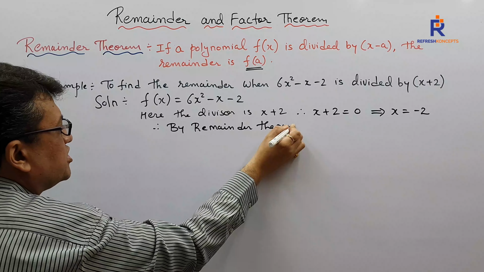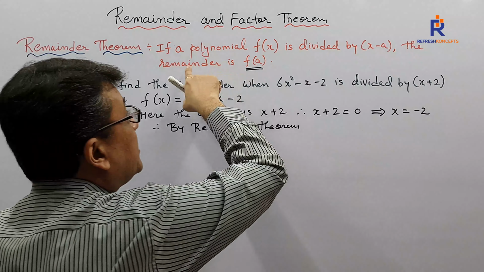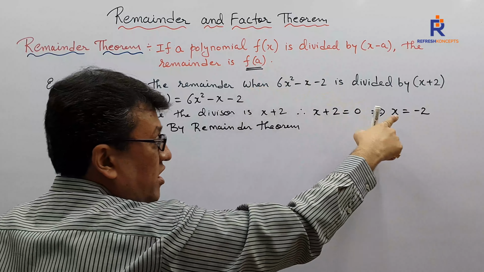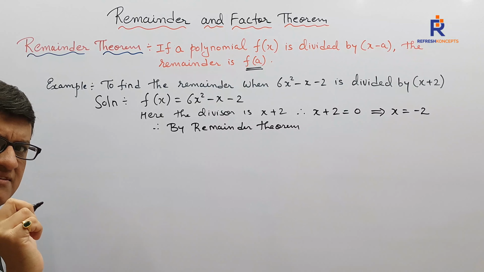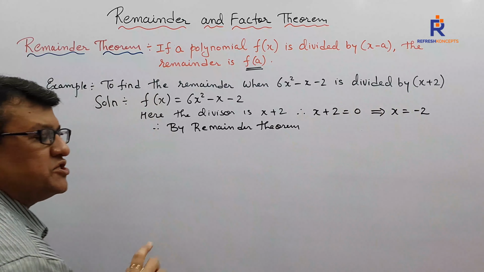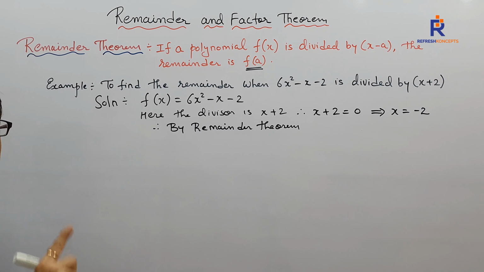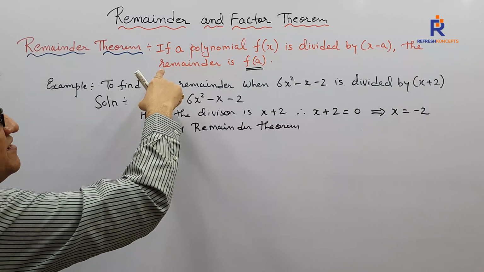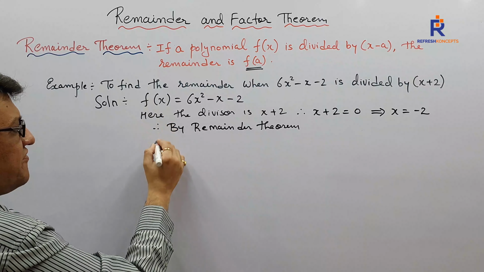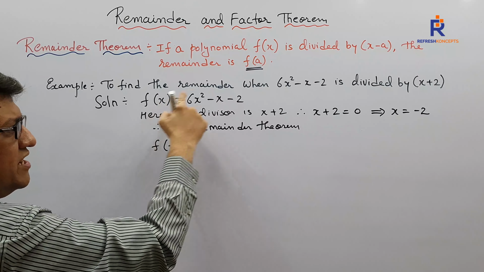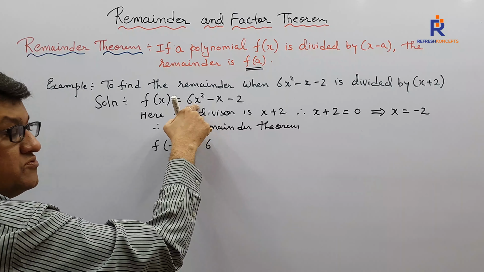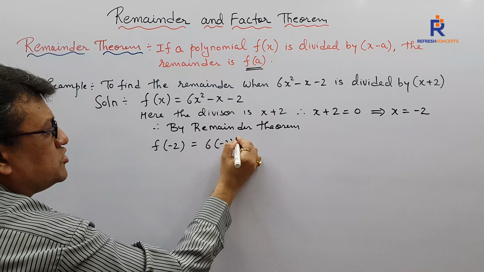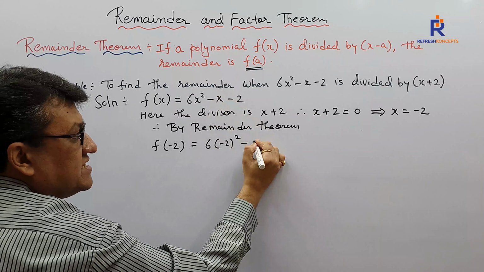children, this is what I want you to understand. The remainder is f of a means we just have to substitute: wherever there is x, we substitute it by minus 2. That's what the remainder theorem says. So f of minus 2, because the value of x is minus 2, is equal to 6 into x square, which is minus 2 square, minus x.